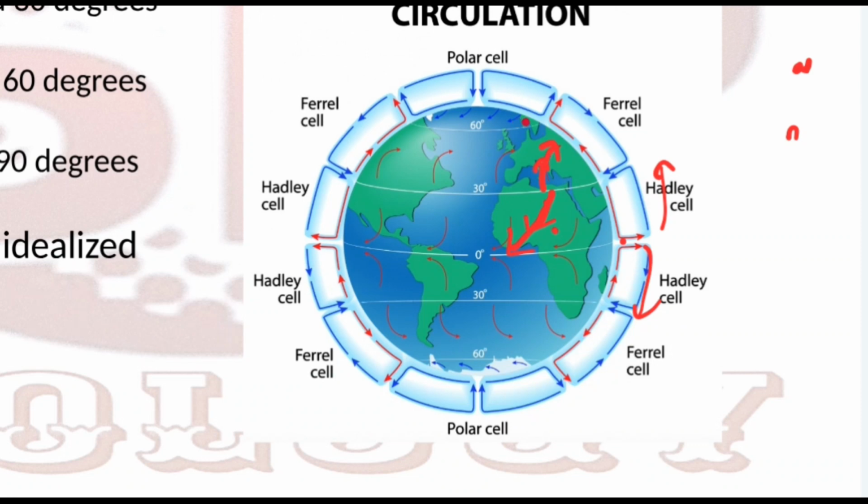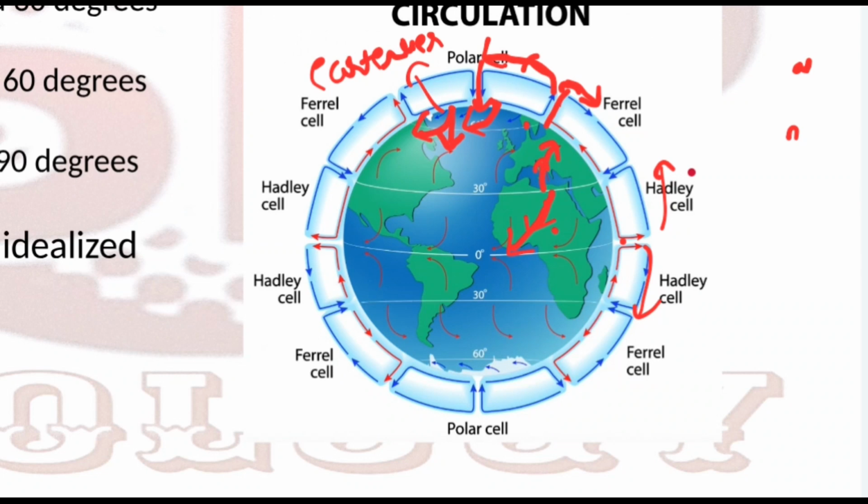When it reaches 60-degree latitude, it becomes hotter again, rises, and moves both towards the pole and towards the equator. The part moving towards the pole becomes colder and denser at 90-degree latitude and descends. Then it comes back to 60-degree latitude as the easterlies, because moving from 90 degree to 60 degree it will deflect towards the east.